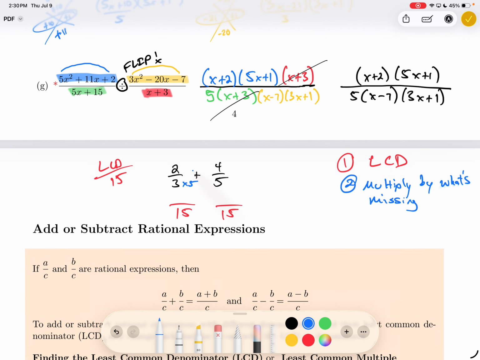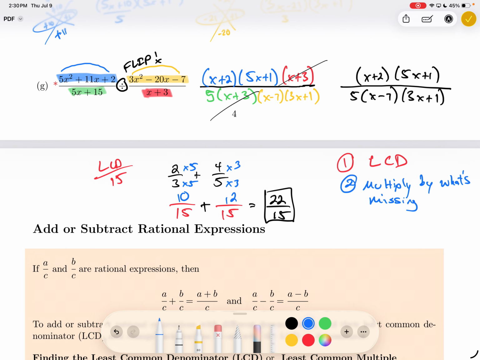I multiply by 5, so then I need to multiply the top by 5. That's called an equivalent fraction, like 10/15 is the same thing as 2/3. Same thing over here. I'd multiply 5 times 3 to get 15, so I have to multiply the top. And then my answer would be 22 over 15.